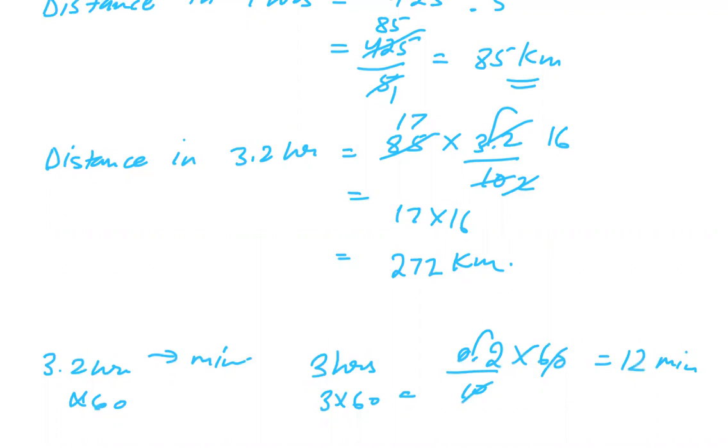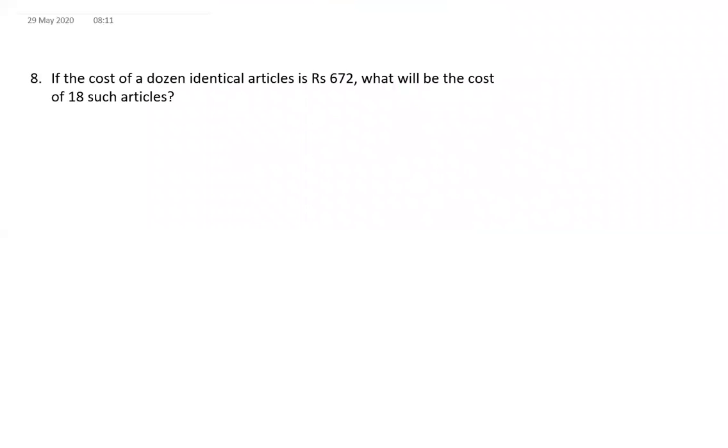So 3.2 hours means 3 hours 12 minutes. But this is not there in the question, so don't panic about it. But look at the next question.